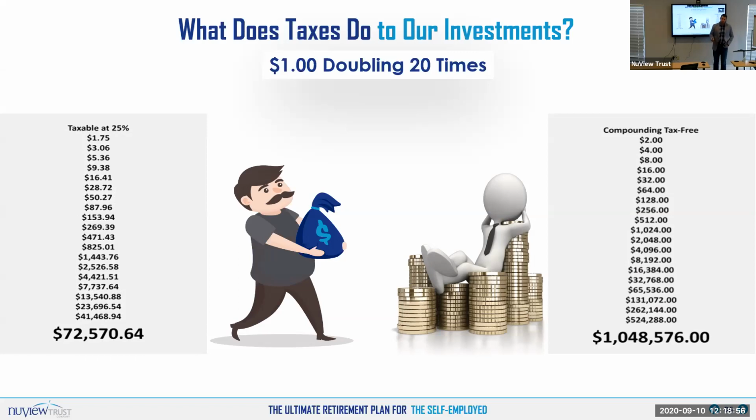Still a great deal. But what you're not factoring in is that this individual had the opportunity to pay the tax on the dollar up front, which is a Roth account. By paying the tax on the dollar, assuming 40% or 40 cents, that $1,048,000 is 100% tax-free.